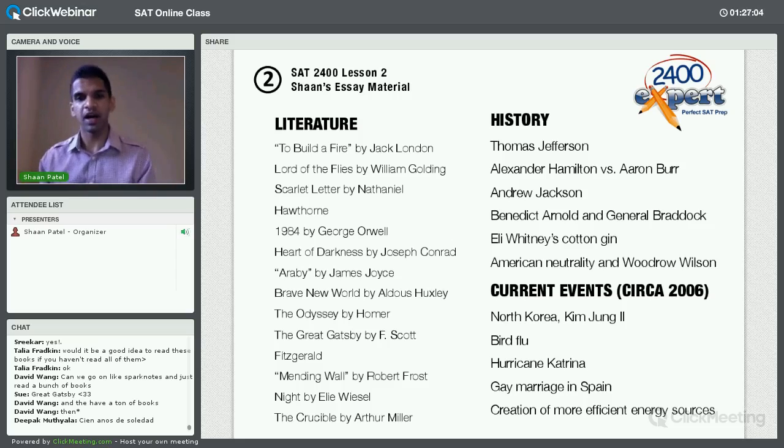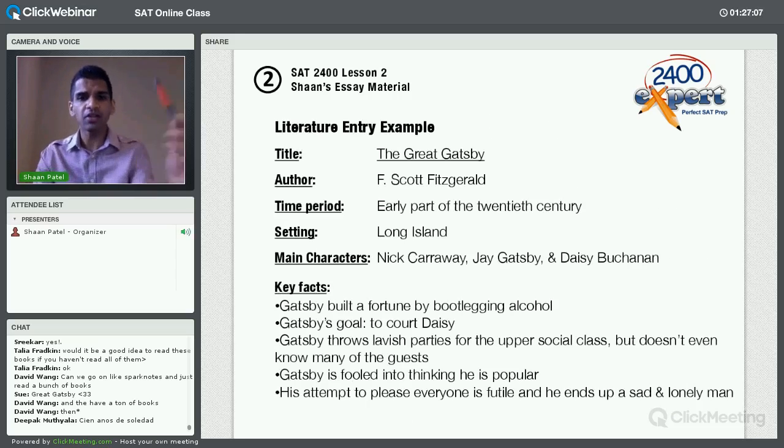That's a current event. So not only do you need a list though, you need a detailed entry in your notebook. For a literary work, you want to put the title, you want to know the author, you want to know the time period, and just a trick on time period. The Great Gatsby happened in the early 1930s, but instead of saying 1930s, you look smarter if you say 20th century or early part of the 20th century.